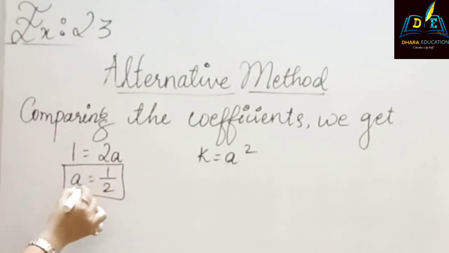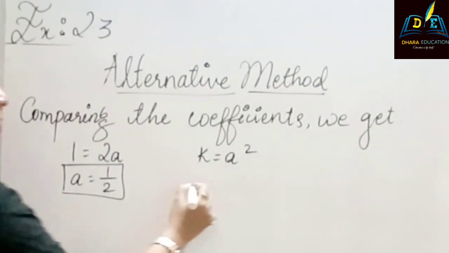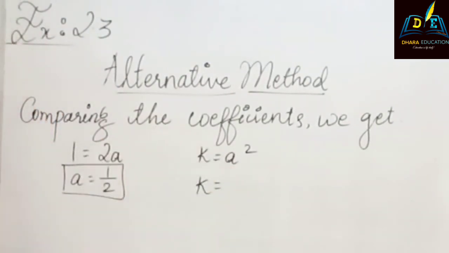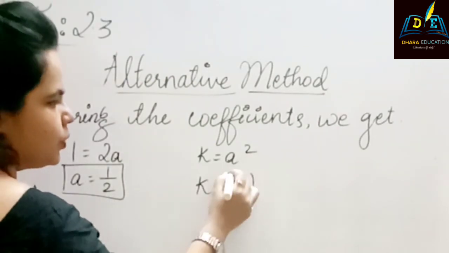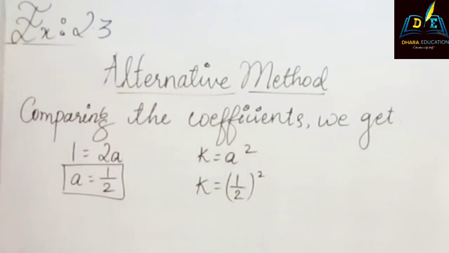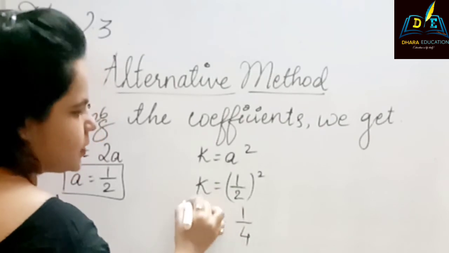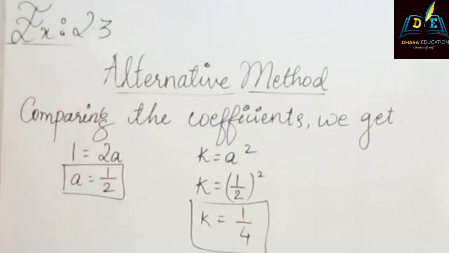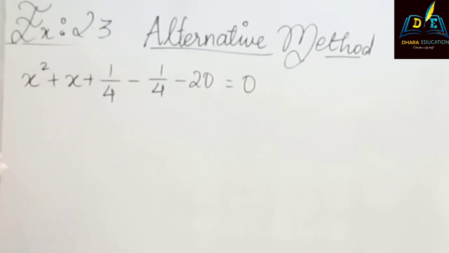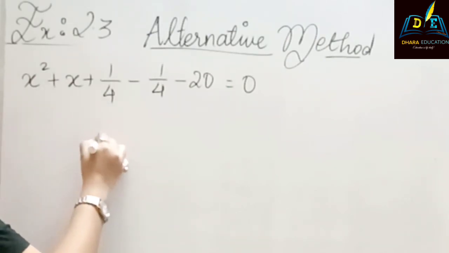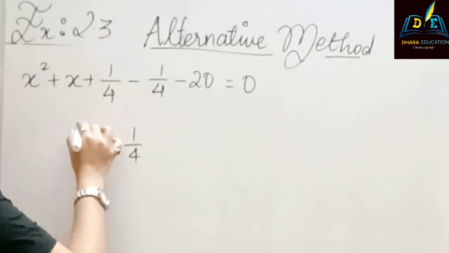By substituting the value, we get k equals 1 upon 2 the whole square, because the square is over here, so k equals 1 upon 4. Till the last step we have done the second step, wherein we got the constant k equals 1 upon 4.